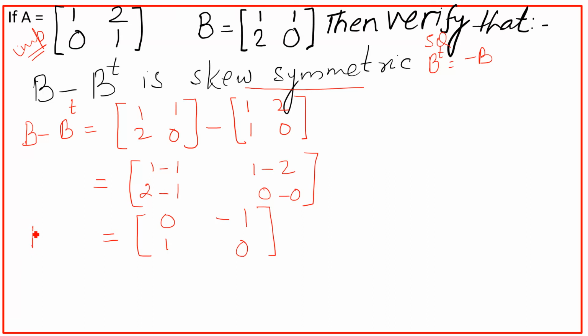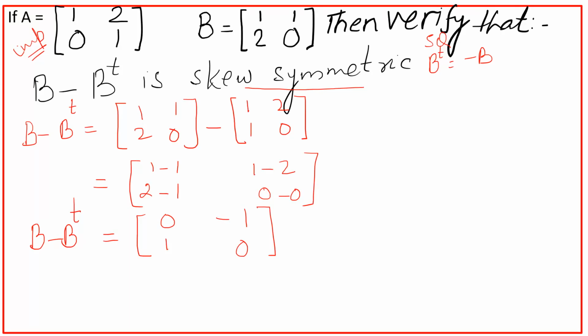So this is B minus B transpose, right? But this is not the question. The question is, you have to prove whether it is a skew matrix or not. So our question will start from here. This is the important point, star means important point.